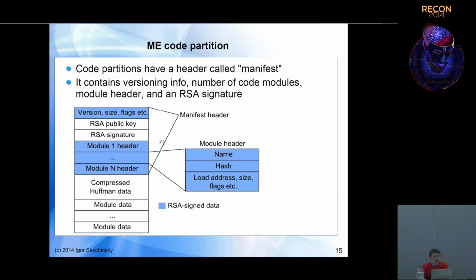And the hash of this public key is stored in the boot ROM, so you cannot just re-sign it with your own public key and replace the public key in the header. It will not work. So Intel did a pretty good job here, and the code is protected. You cannot modify the code because the signature is verified.